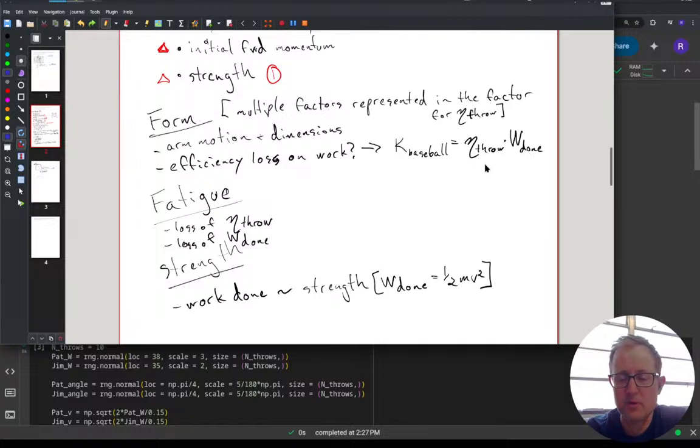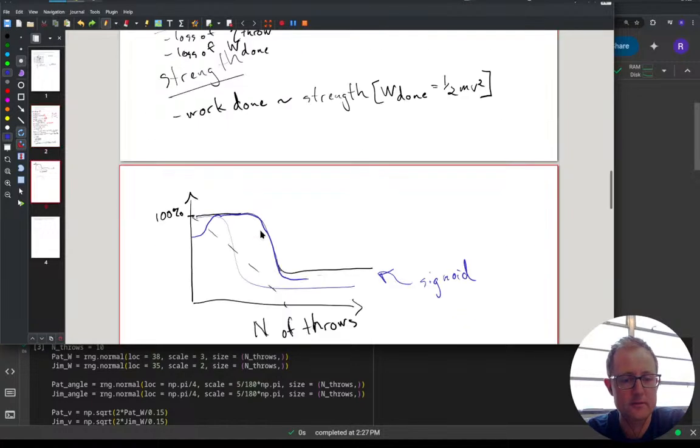So different people could have different throwing values for that. And then the other thing we thought of was fatigue, maybe we're actually reducing the amount of work done on the baseball, and so whether our form is good or not, if we're able to maintain form as a function of throwing, it's another option.